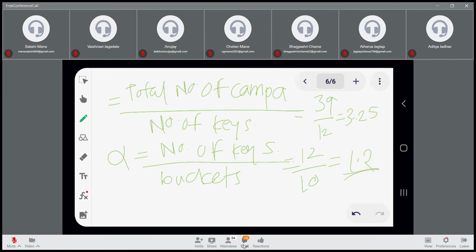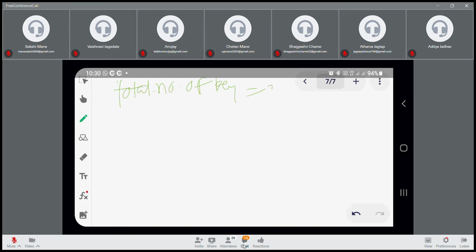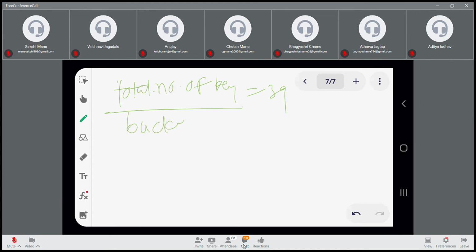The average number of key comparisons is the total number of comparisons, that is 39, divided by the bucket size. The bucket size is 10. So the answer is 3.9.